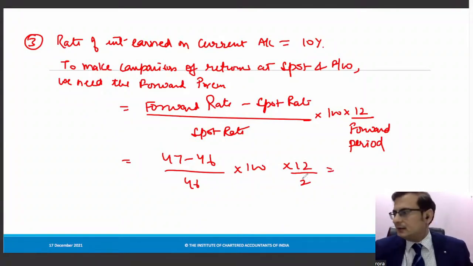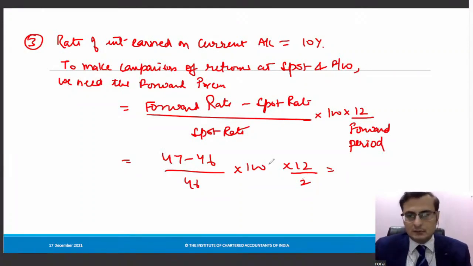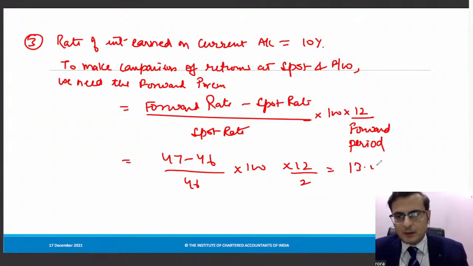How much do we get? Seems more than 10%. So 1 by 46 into 100 into 6. Oh wow, more than 10. Yeah, it's 13.04%.